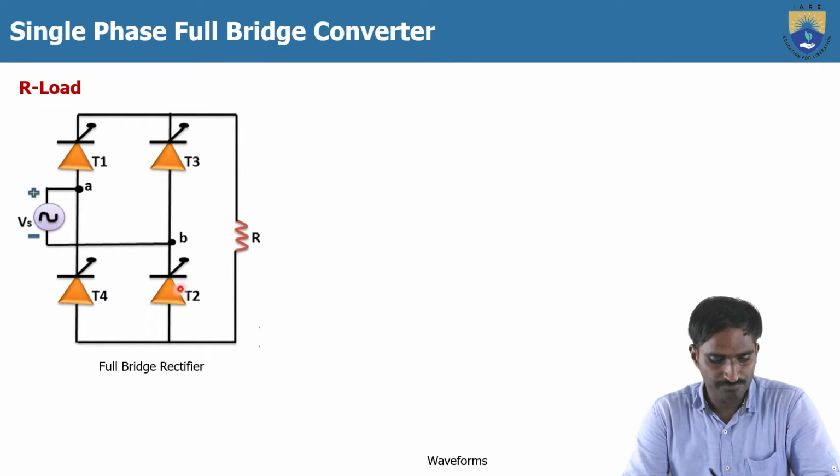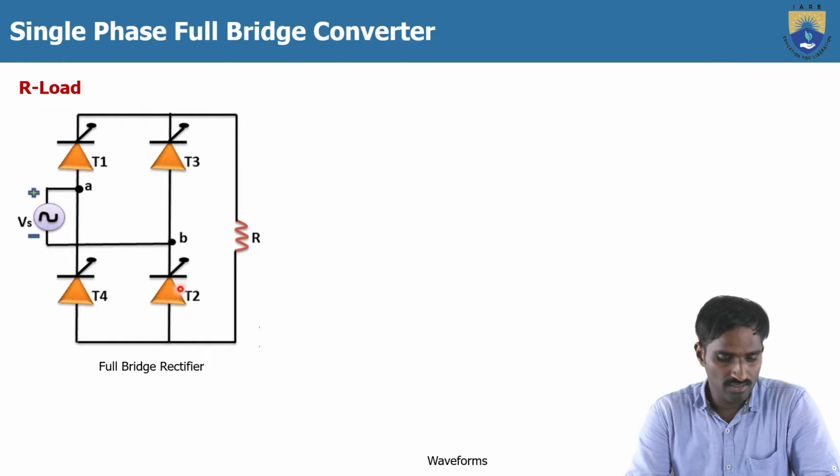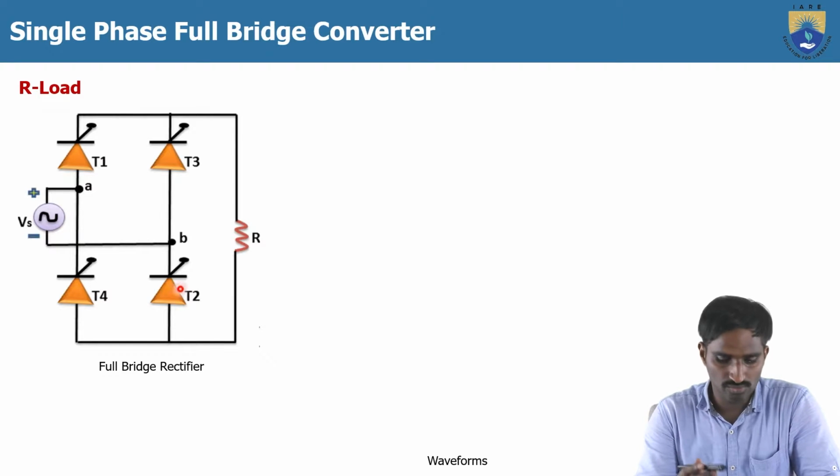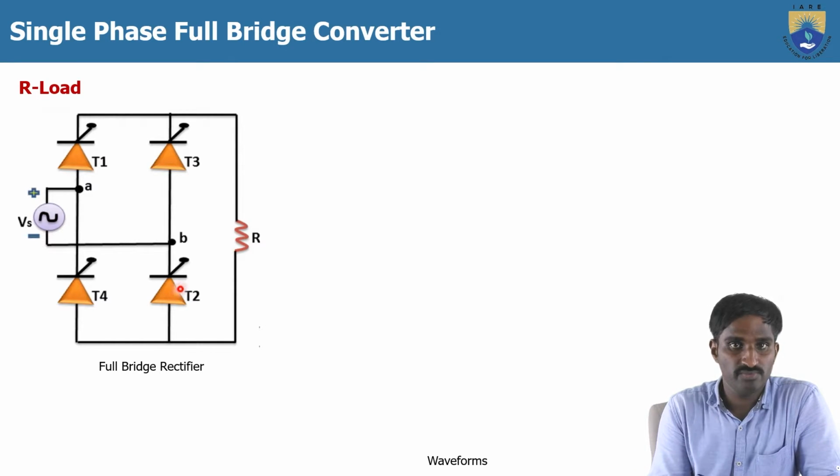Before discussing the operation of this full bridge converter, let me tell you some important points about it. Each leg has two thyristors, T1 and T4. There are some conditions that we must follow.